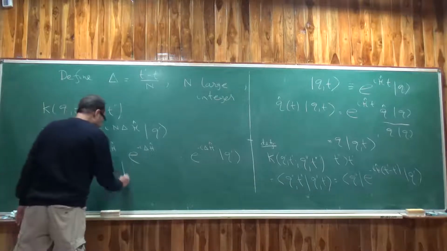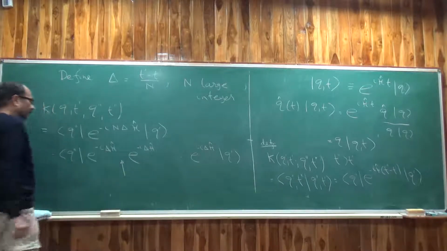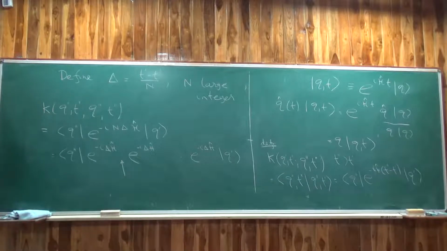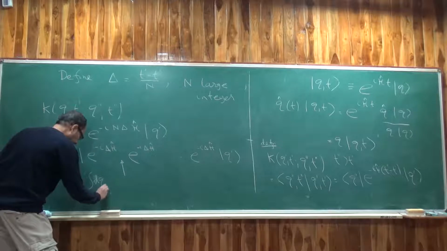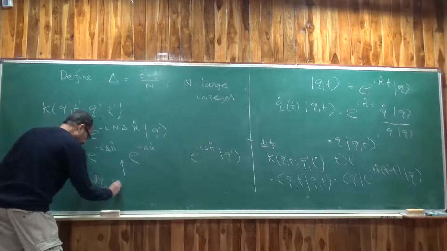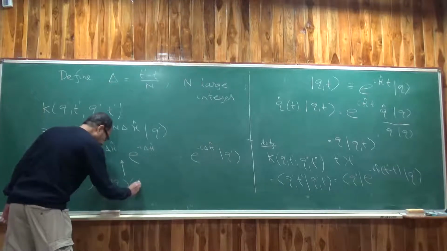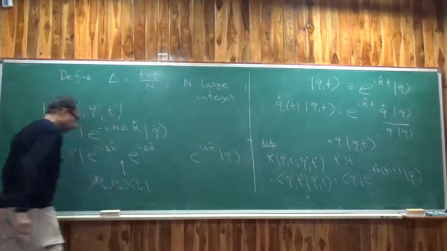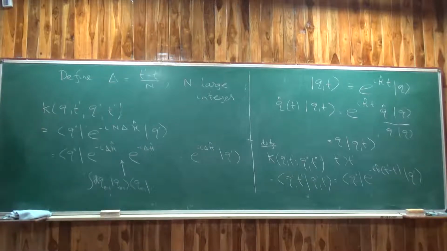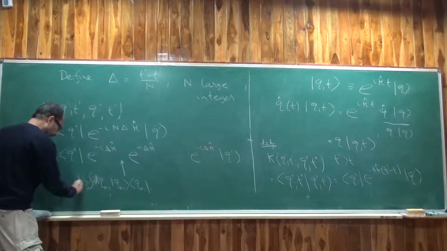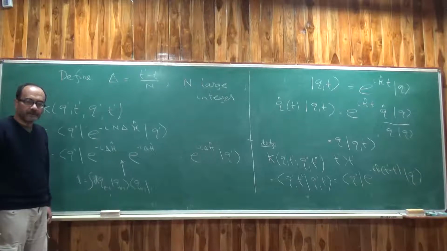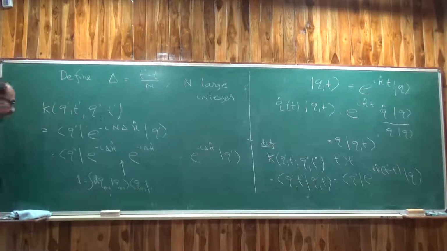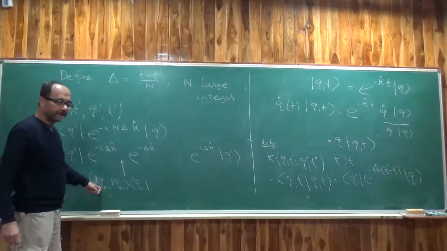And now I insert a complete set of states here, which I will take to be the position eigenbasis. So, integral, let me call this variable dq_{n-1}. This is the identity operator by completeness of states. This is a complete set of states, so I just integrate over the whole position space. q_{n-1} is just the name of this variable.